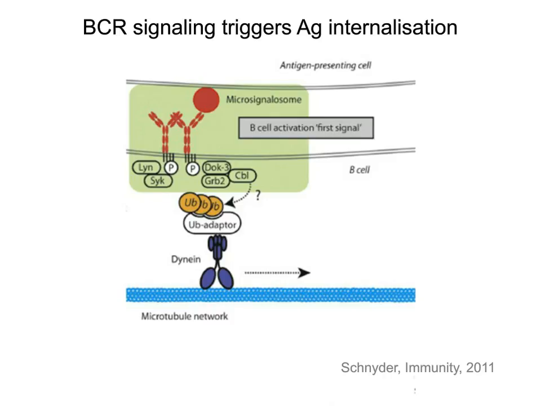And it is the dynein that will drag the microsignalosome along the microtubules up to the microtubule organization center, resulting in polarization of antigen. So it makes sense to put forward the hypothesis that the intensity of BCR signaling will impact the way the mother B cells will distribute the antigen into the endosomal compartments.